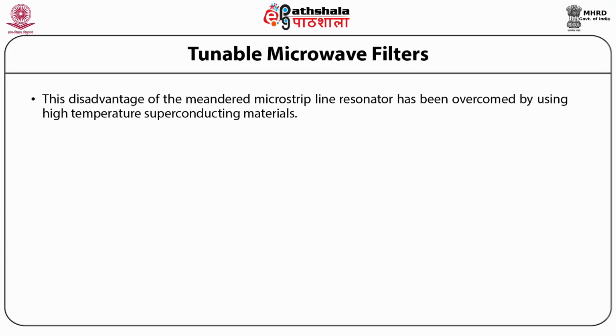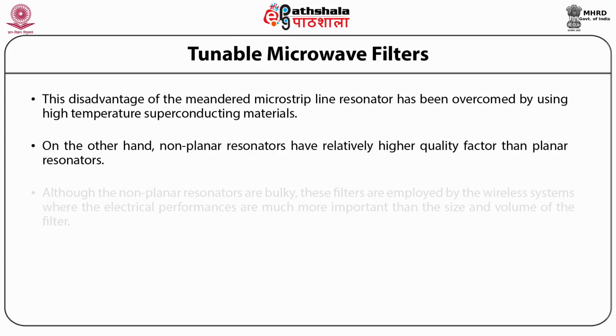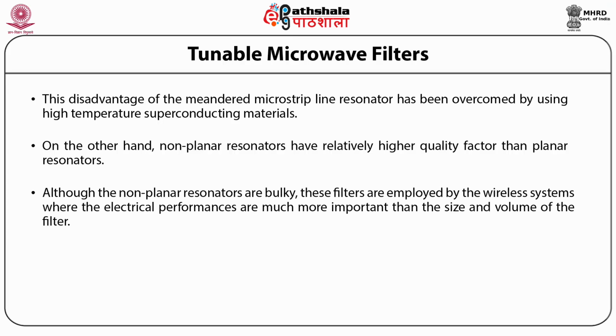The disadvantage of the meander line resonators can be overcome by employing high temperature superconducting materials. On the other hand, the non-planar resonators have relatively higher quality factor than the planar resonators. Although the non-planar resonators are bulky, they are employed in wireless systems where the electrical performance is much more important than the size and volume.